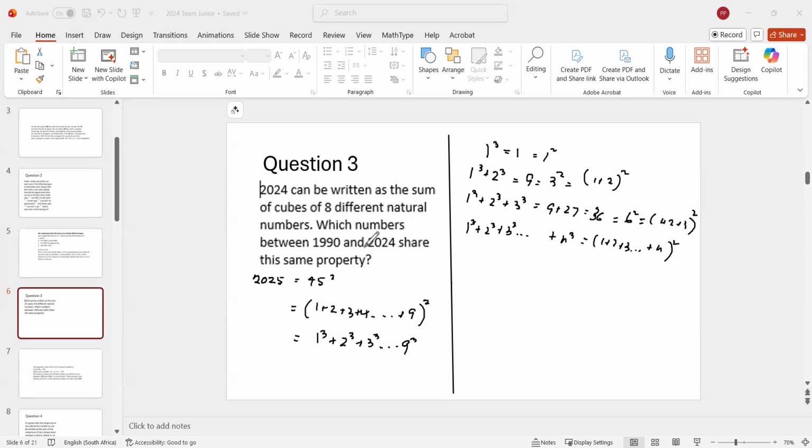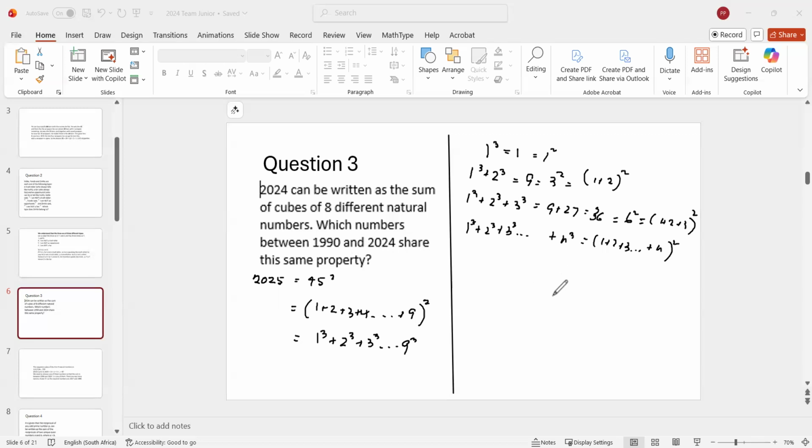So in other words, 2025 is this. Now this is the sum of cubes of 9 different natural numbers. So I want to take out one of these cubes, and then I've got the sum of 8 cubes, and I want that sum to lie between 1990 and 2024.